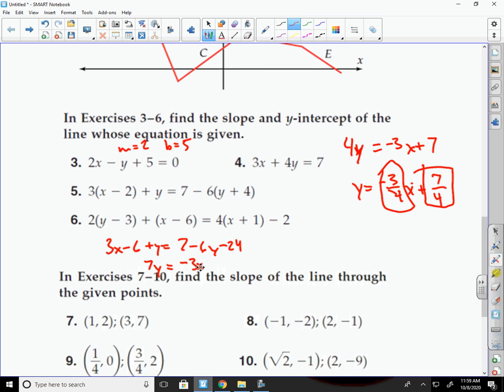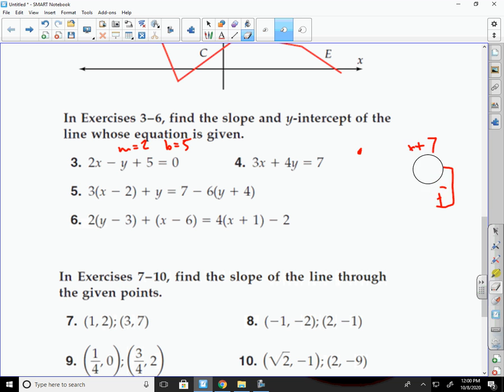Then adding the 6 over gives me minus 18. Divide by 7. This is all for number 5, by the way. Divide by 7. That gives me negative 3/7 x minus 18/7. Negative 3/7 would be my slope. Negative 18/7 is the y-intercept.